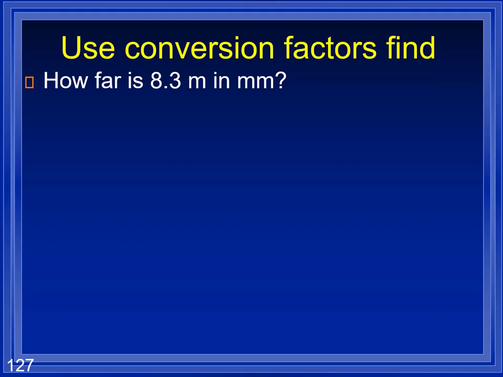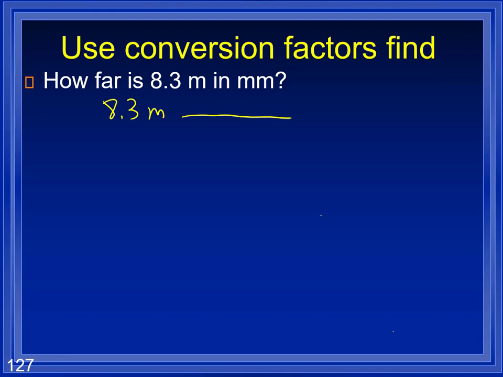Okay, so let's go back through the process and how we should be thinking. The first thing I do is write down what they give me. So I just copy down what they give me. Then I make a conversion factor.